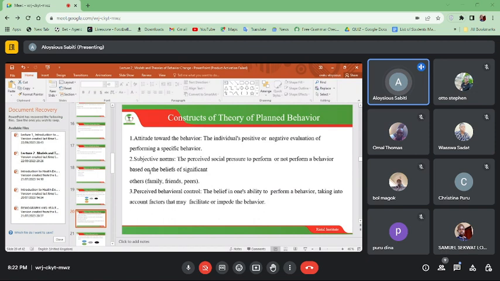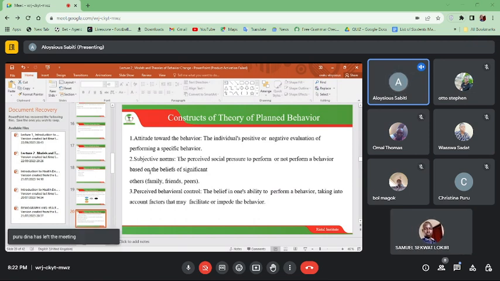The third aspect is the perceived behavioral control. This is the person's belief in their ability to perform a behavior, taking into account factors that may facilitate or impede the behavior. So, the person's behavioral control would be looking at what my ability is to go to the health facility. Do I have the transport to go to the health facility?